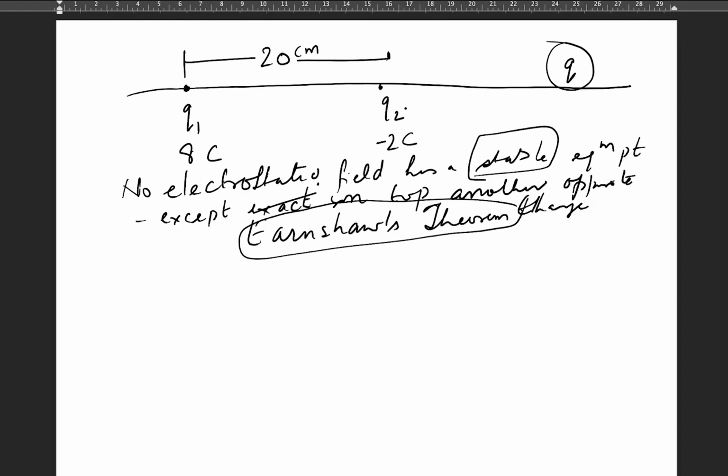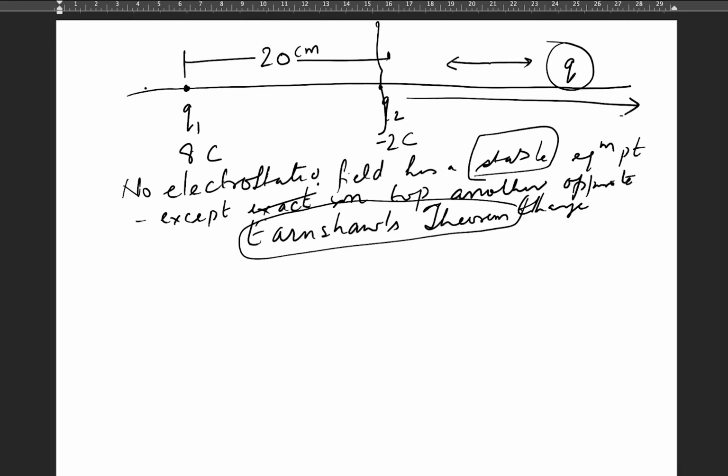So we are trying to find a place where the forces due to these two charges are in opposite directions. This is a negative charge. It is going to attract this positive charge, and this is a positive charge. It is going to repel this positive charge like this. So we see that if an equilibrium point exists, it will exist on this side, the RHS.